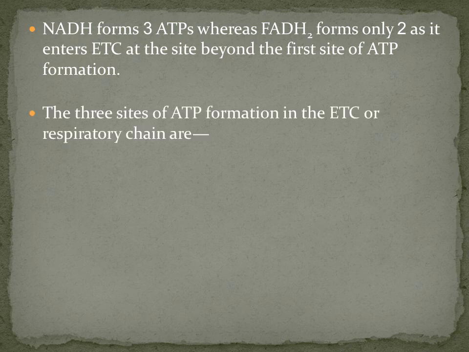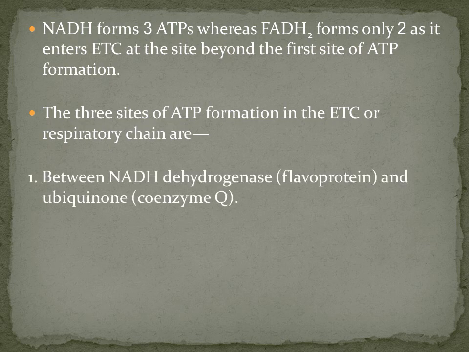Now let us see what are the three sites of ATP formation in the electron transport chain, or we call it the respiratory chain. The three sites of ATP formation in the electron transport chain, or ETC, or respiratory chain are: 1. Between NADH dehydrogenase, a flavoprotein, and ubiquinone, that is coenzyme Q. This is the first site of ATP formation.